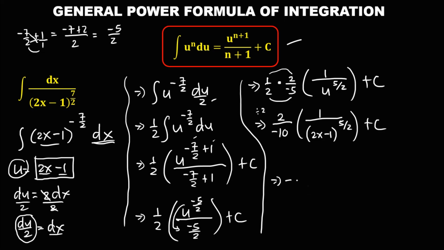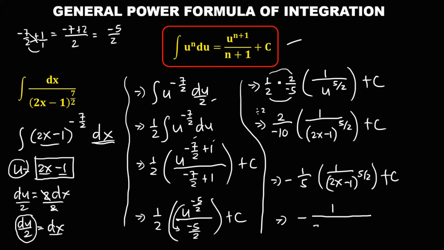So we have negative 1 over 5 times 1 over 2x minus 1 to the power 5 over 2, then plus c, or this is equal to negative 1 over 5 times the quantity 2x minus 1 to the power 5 over 2, plus c.